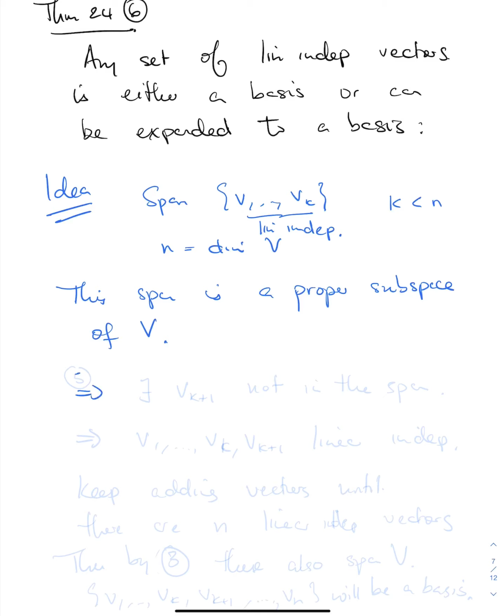Well, by 5, this means that there exists a Vk plus 1 not in the span, simply because it's a proper subspace, right? And because V1 through Vk is already linearly independent, and Vk plus 1 is not in the span of V1 through Vk, then V1 through Vk plus 1 is linearly independent as well.